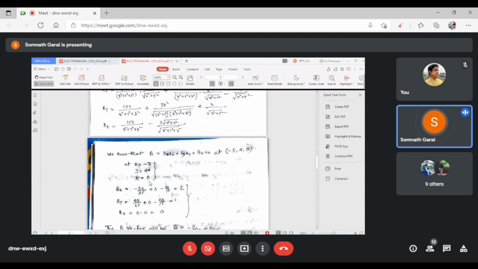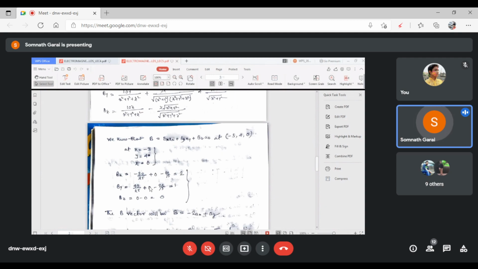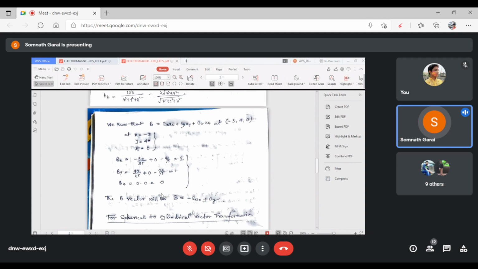So the vector will be -2 into ax plus 1 into ay, right? Got my points? That is the procedure to solve the numerical. Okay, got my points?